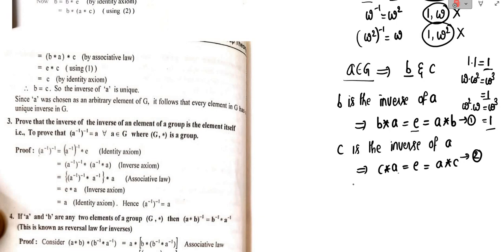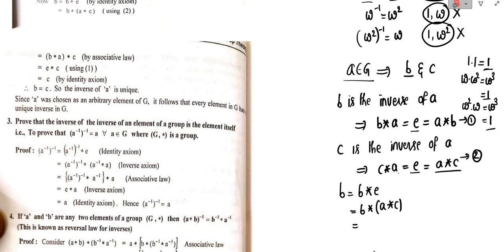For that, we use the identity law. The identity law says element * identity element equals the element only. Now substitute the value of e. Observe a * c = e. Replace e with a * c.